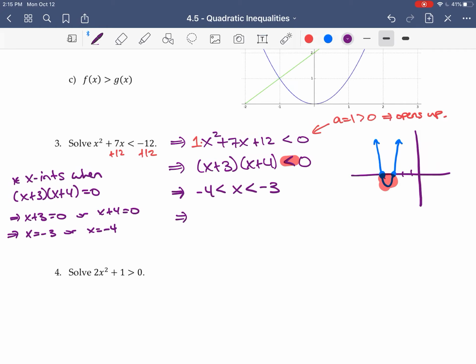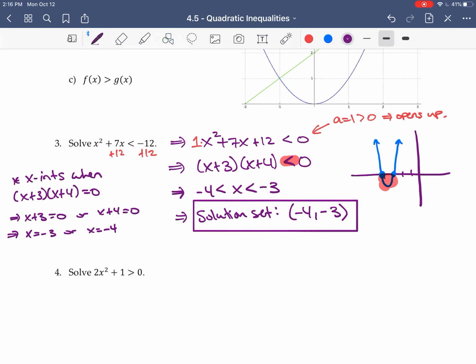That means that the solution set in interval notation is going to be not including -4 and not including -3, but all the points in between -4 and -3. So that is in interval notation.